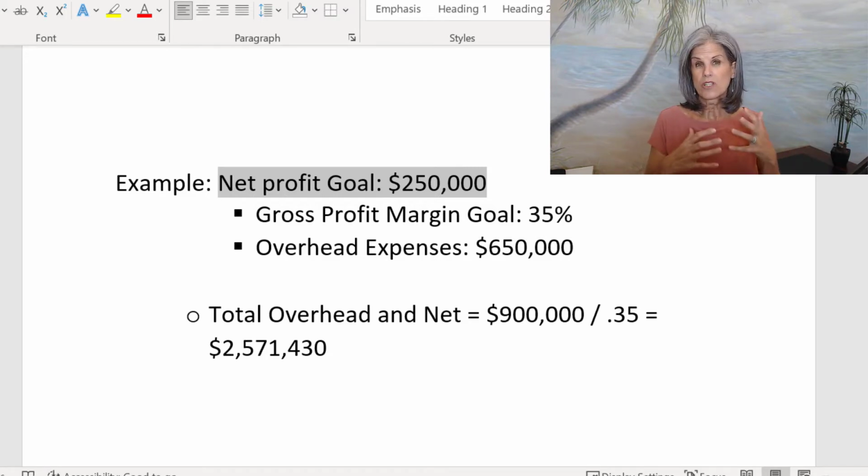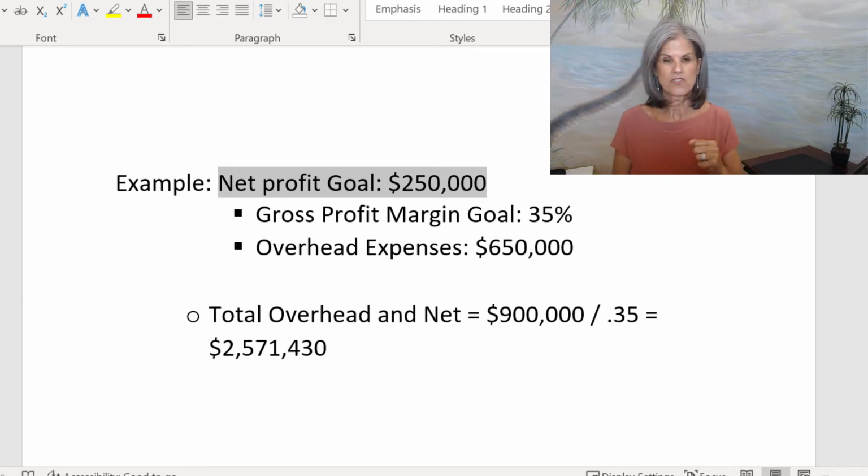So if you want to make $250,000 on the bottom line, then that should be after your salary. Maybe it's $150,000, maybe it's $500,000, whatever that number is. Have a net profit goal for how much you want to make in your business. And then it's really simple. Here's the formula. So what I said to Phil is, here's what you do.